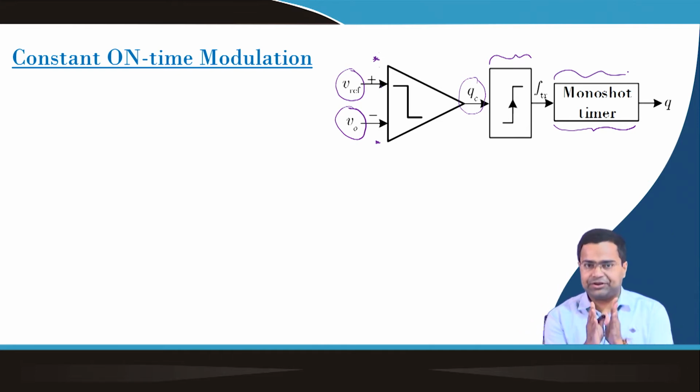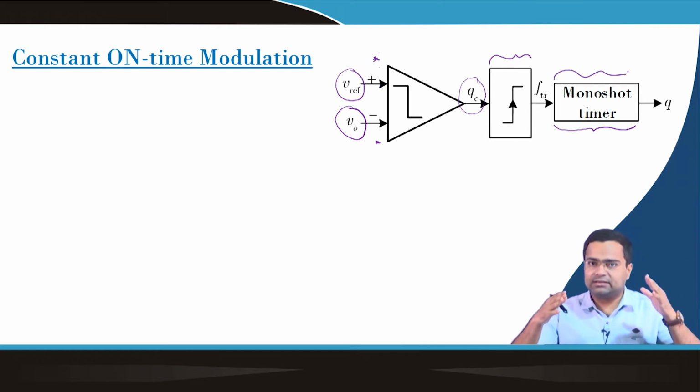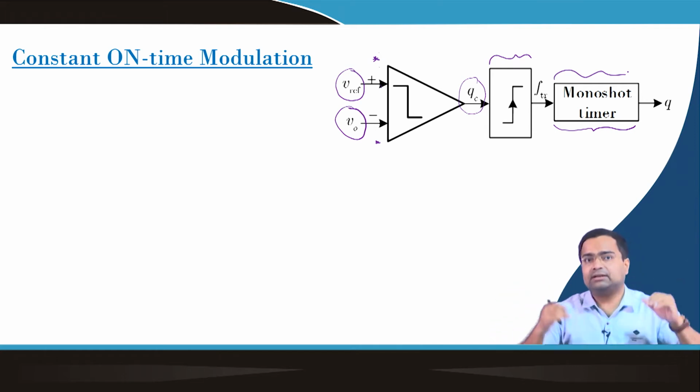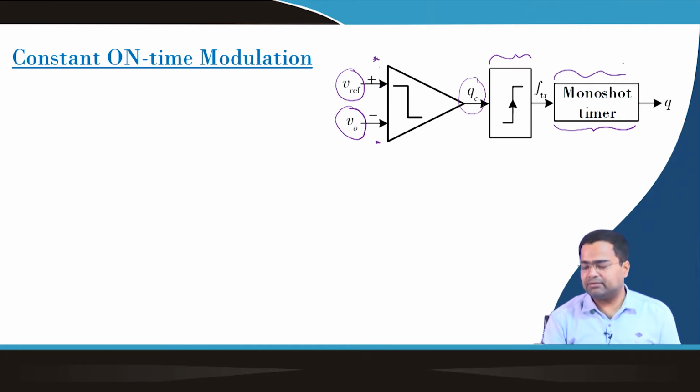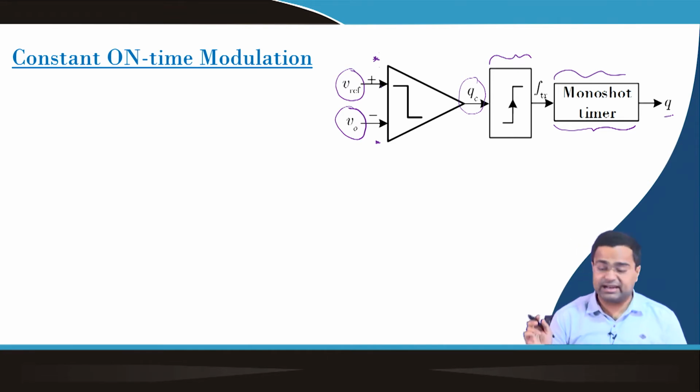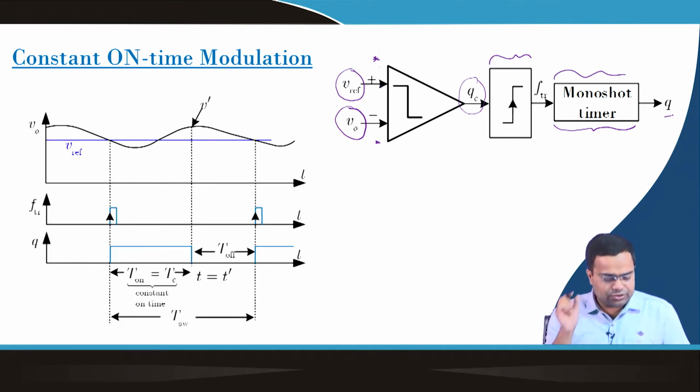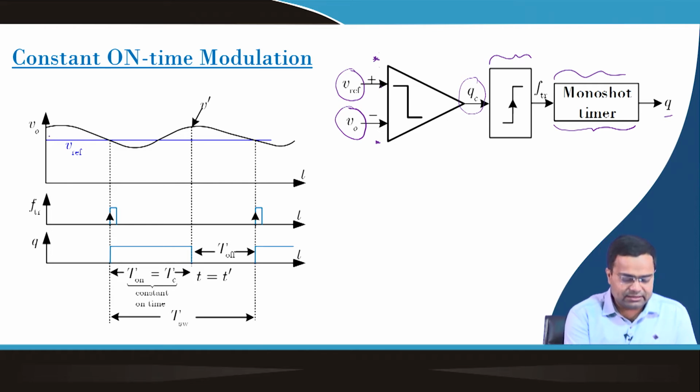Whenever it accepts a trigger pulse, it goes to the high state, which is an unstable state, and remains high until the counting is complete. When the counting is over, it goes to the low state, and that way we can generate the gate signal directly. This is the waveform. You can see that when the output voltage is above the reference voltage, the comparator output was low.